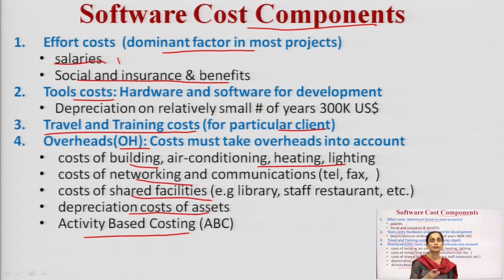Once I have delivered some project to any company, to a third party customer, some activities, some installation, some shared facilities, some networking has to be done to maintain that working environment for that software. So those are counted as overheads.